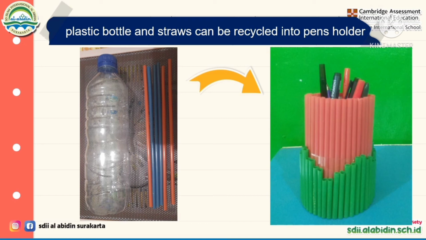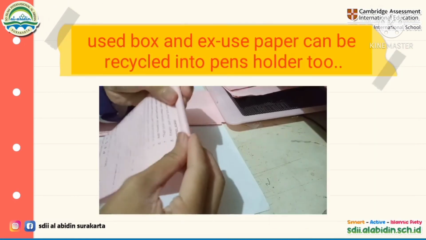The plastic bottles in here can be recycled into a pens holder. In here you see the plastic bottle we can use as a pens holder. Look here. Next time when you go back to school, we can make the pens holder together.